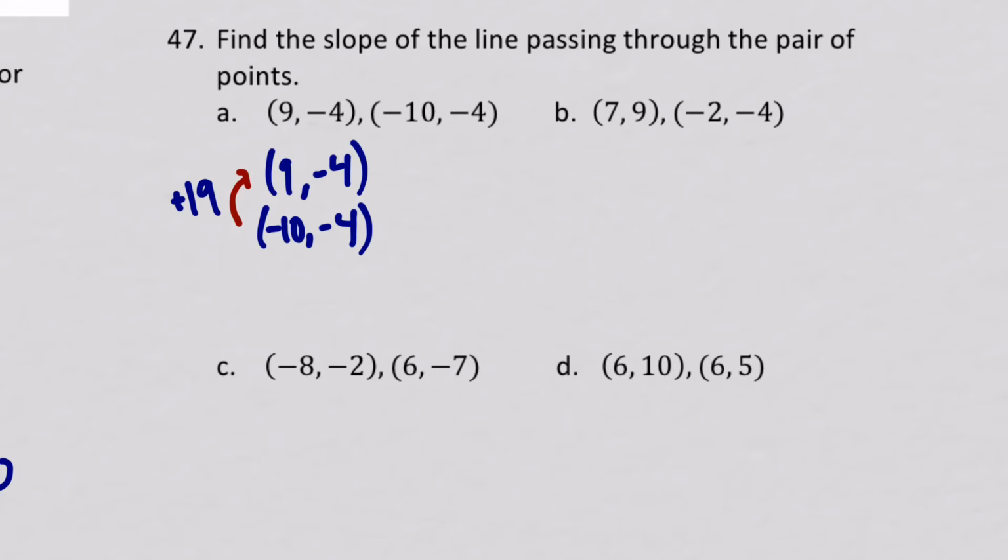And for the y values, from negative 4 to negative 4, you went nowhere, right? 0. Therefore, the slope is 0 over 19, which makes 0. 0 in the numerator is okay. 0 in the denominator is not okay. So this one's fine. It's just 0.